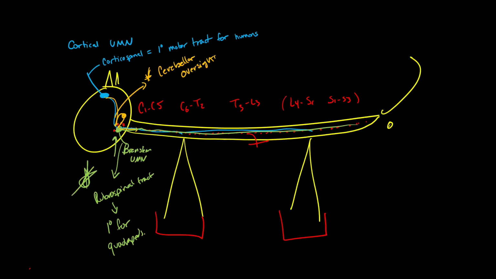And so when we talk about gait generation and we talk about evaluating gait, when you start to see weakness, remember that weakness is going to be affecting those motor tracts that are either coming from the brainstem or from the spinal cord.